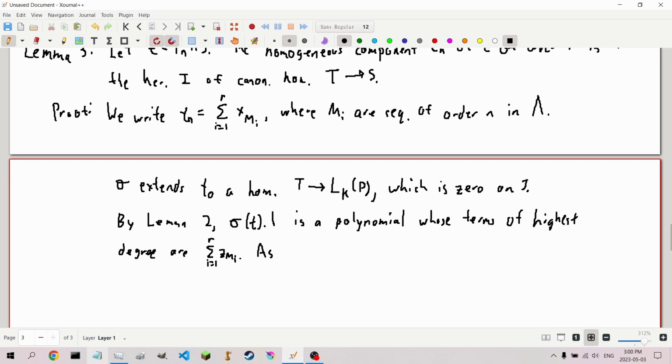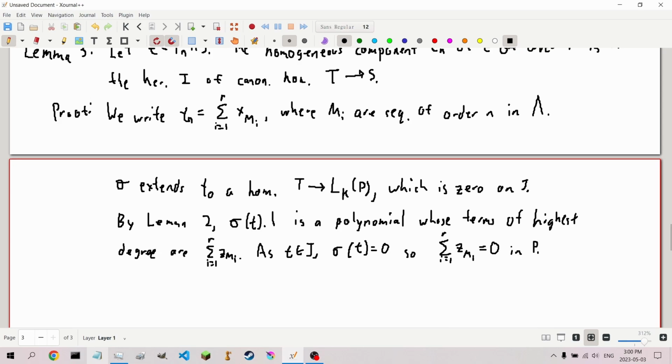Now, as T is in J, we saw before that this extension of sigma is 0 on J. So the sum of R, which we can write the image as, has to equal 0 in P.